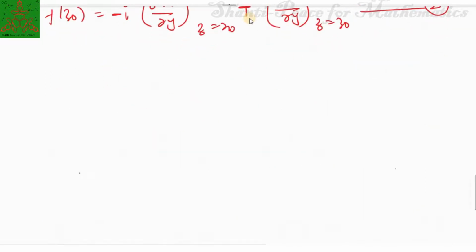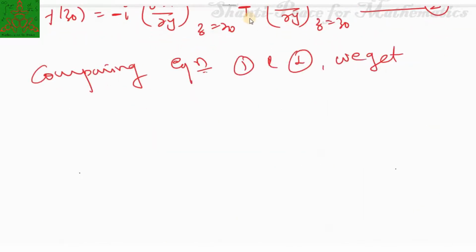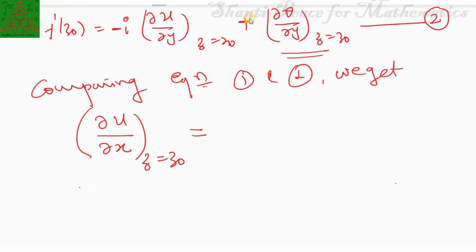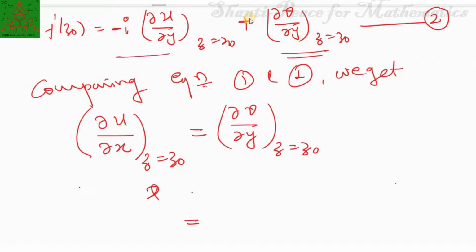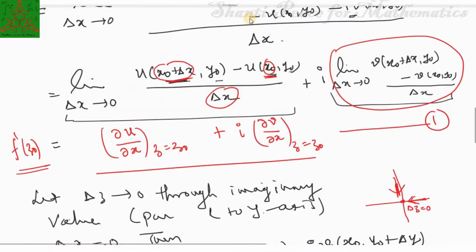So comparing equations 1 and 2, we get the real part of equation 1 is del u by del x at z equal to z0, and the real part of equation 2 is del v by del y at point z equal to z0. So that is del v by del y at z equal to z0, and the imaginary part of equation 2 is minus del u by del y at z equal to z0, and the imaginary part of equation 1 is del v by del x at point z equal to z0.